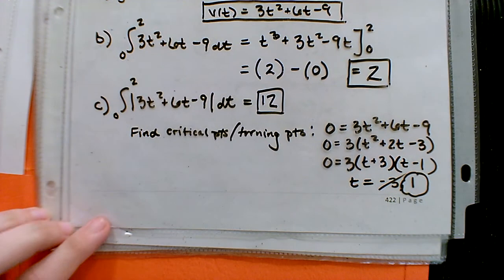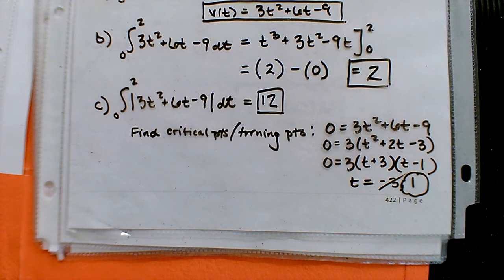So how can we use that information to help us figure out our total distance? Should we make one of those tracks, like, to determine increasing or decreasing?